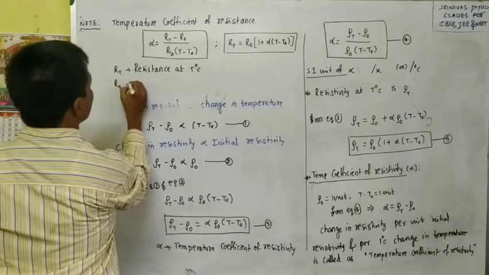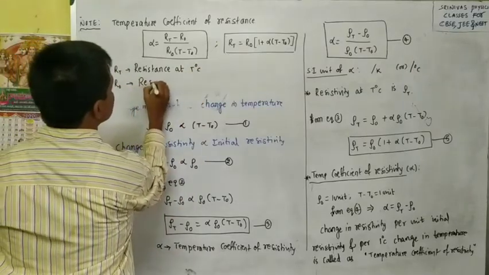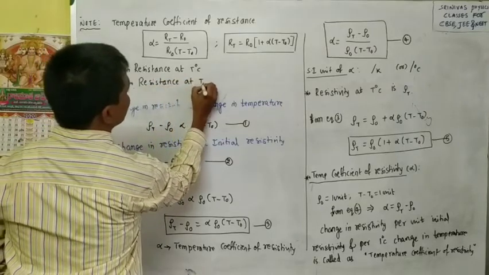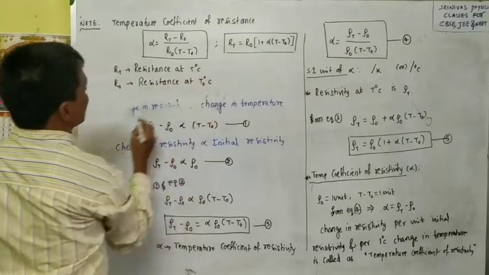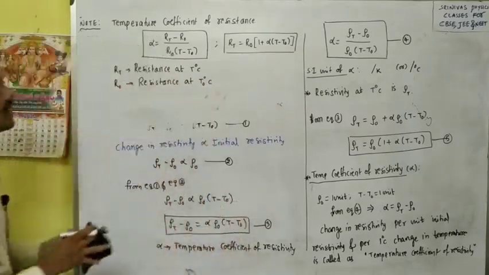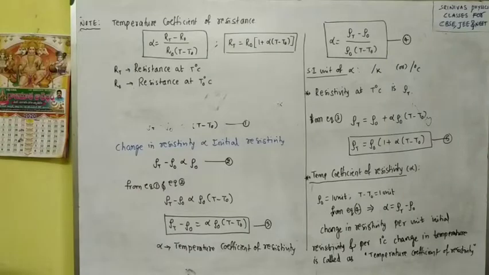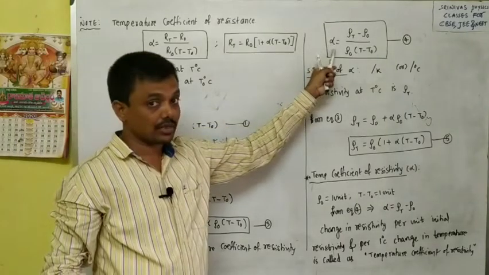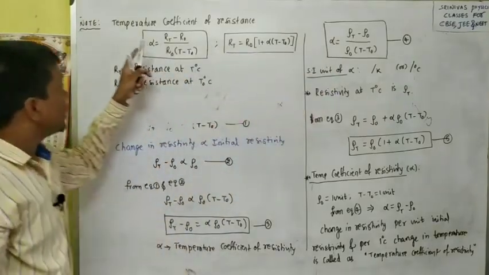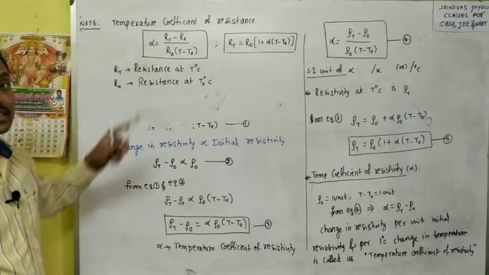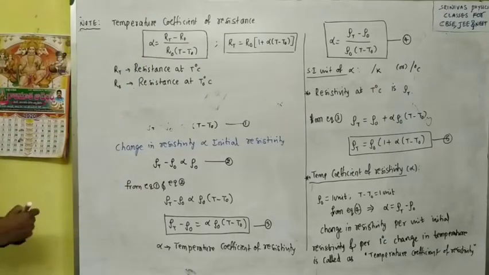R naught is the resistance at T naught degrees Celsius. And alpha here is the temperature coefficient of resistance. In terms of resistivity, alpha is called the temperature coefficient of resistivity, and in terms of resistances, alpha is called the temperature coefficient of resistance.